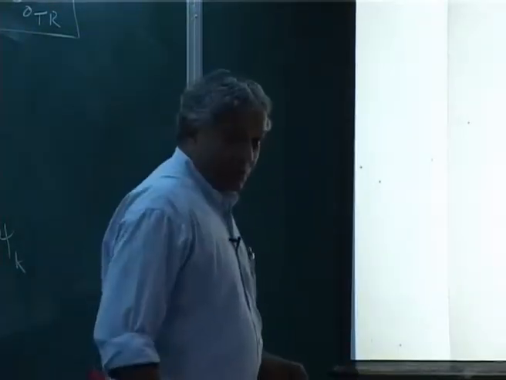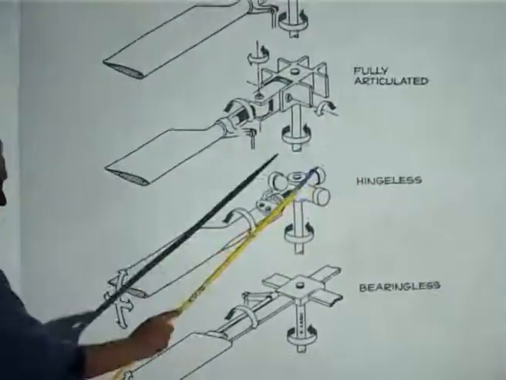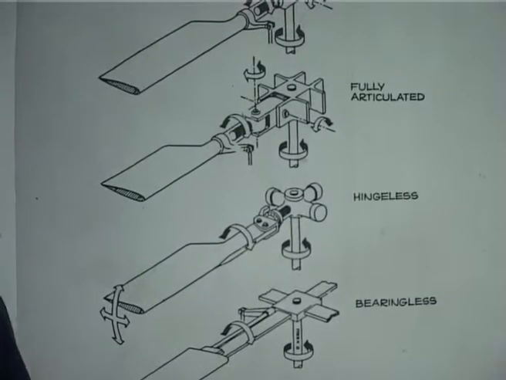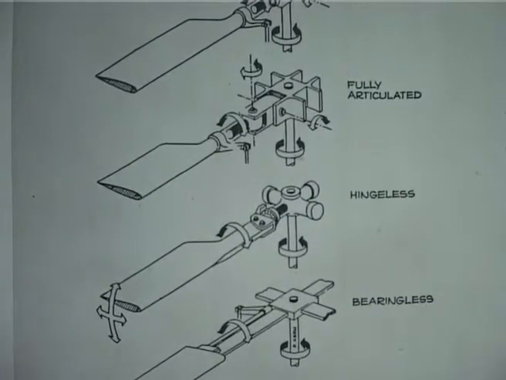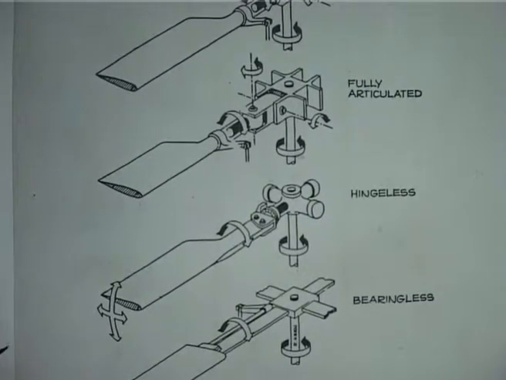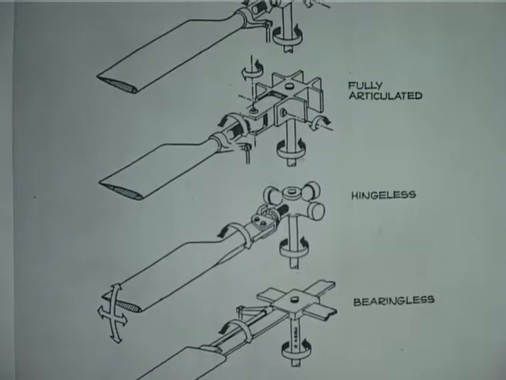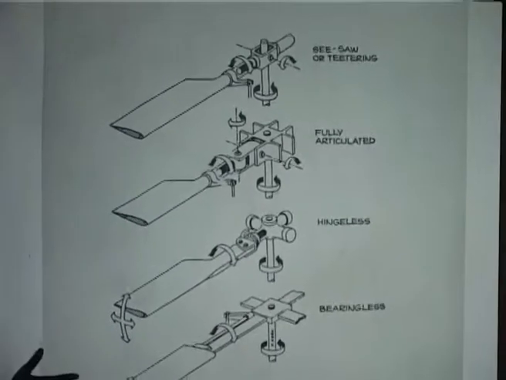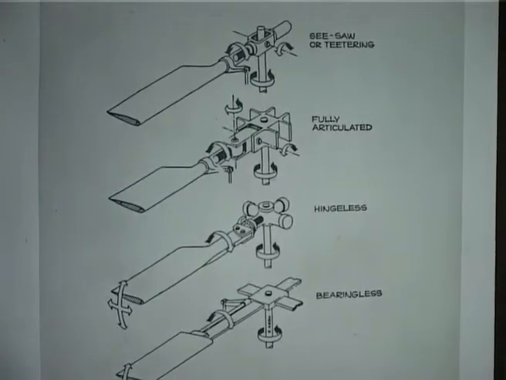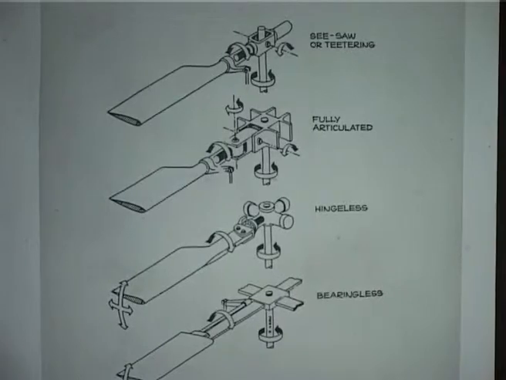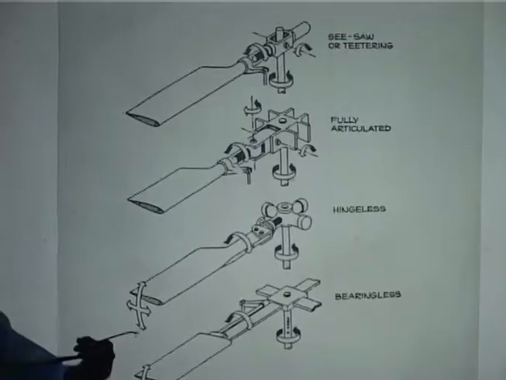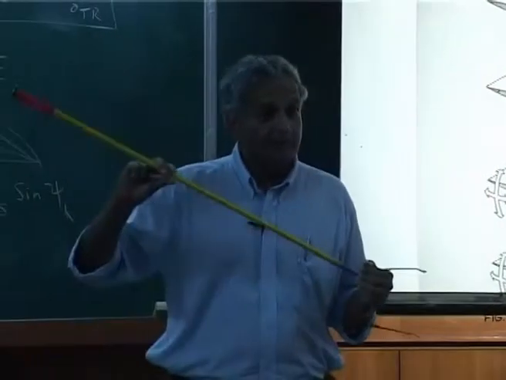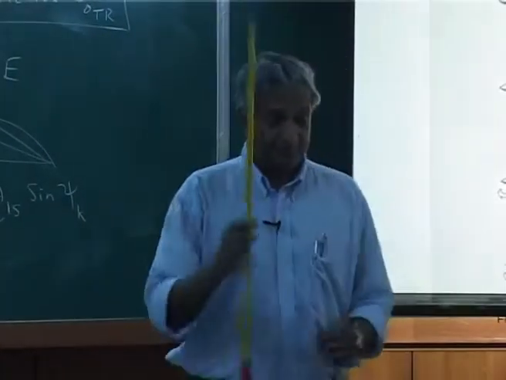That is what is called hingeless. That means there is no hinge, right? I said it easily: just take the blade, bolt it. But it is easier said than done, because if I attach it, I must allow flap motion of the blade for flying. Because what do I do?